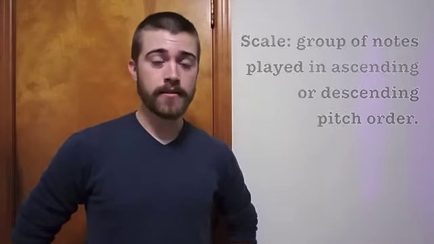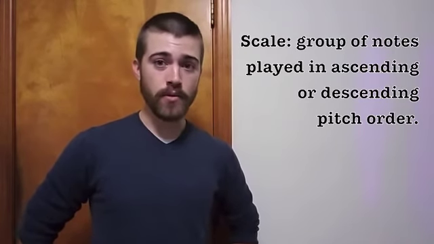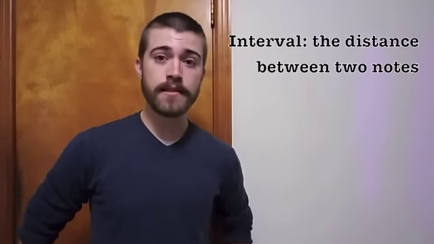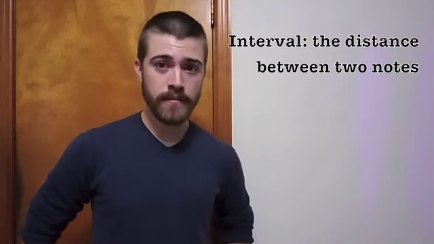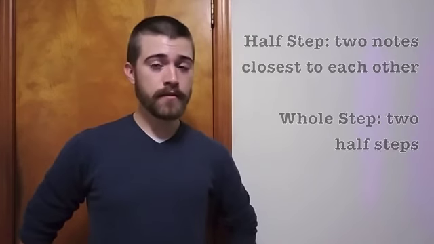Let's review. We learned that a scale is a group of notes played in either ascending or descending pitch order. We also learned that what defines these scales is not just the notes played, but the distance between each note as they're played. This distance is called an interval. And we learned about two of these intervals, the half and the whole step, and used them to create a very specific kind of scale, the major scale.